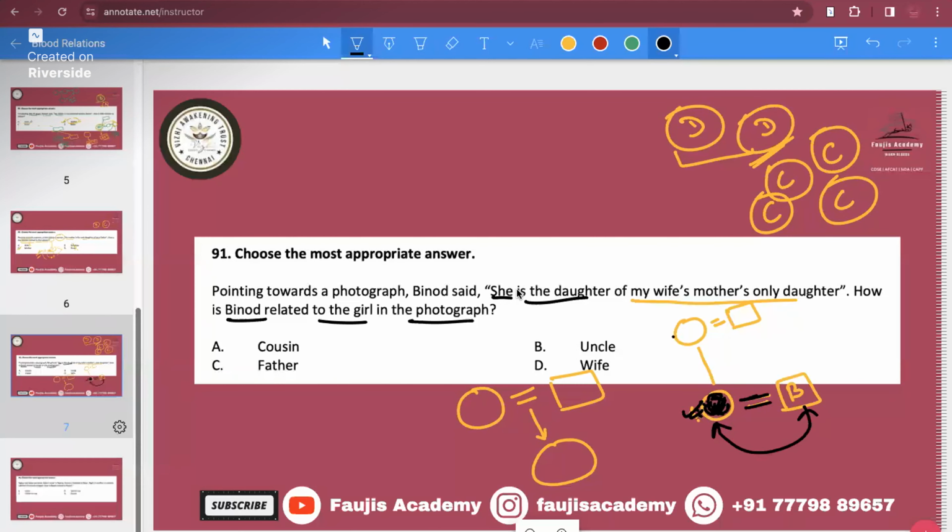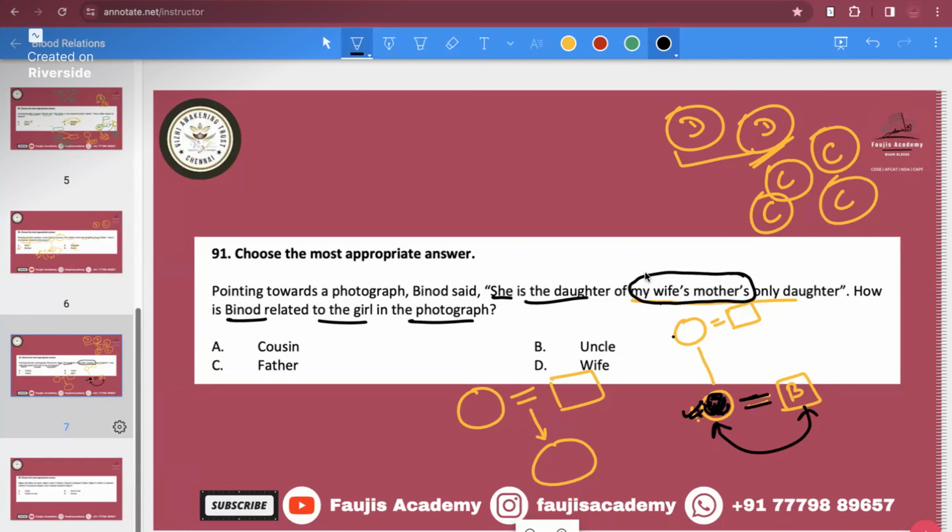But here it is, she is the daughter of my wife's mother's only daughter. My wife's mother is what? Mother-in-law.